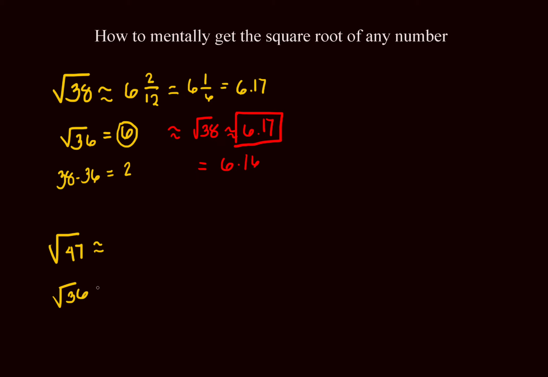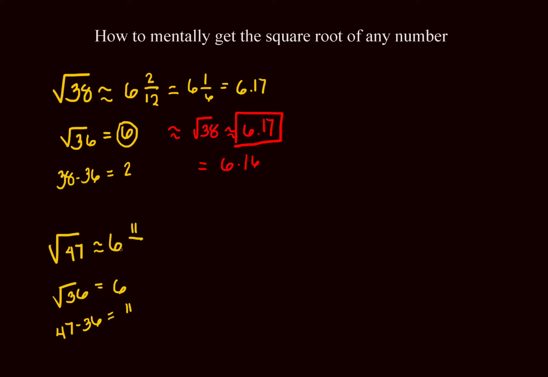The square root of 36 will just give us an answer of 6. So that's going to take care of our whole number. Next step, we get the difference between your 47 and 36, which would just give us 11. So that's going to take care of our numerator on its fractional part.